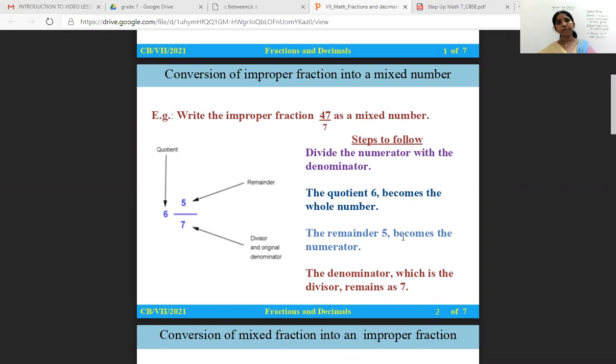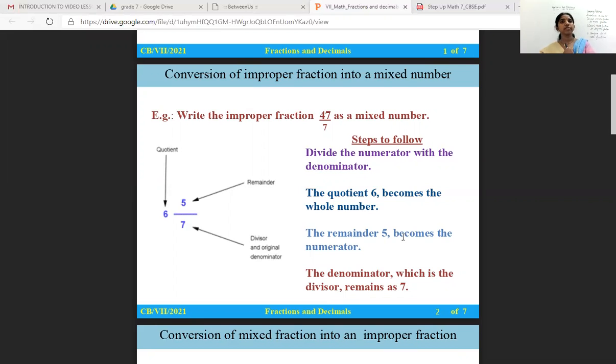An improper fraction is a fraction where the numerator is greater than the denominator. That is the fraction we have to take, and it should be converted to a mixed fraction.